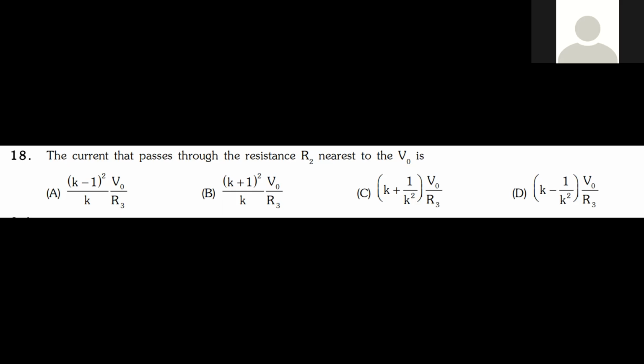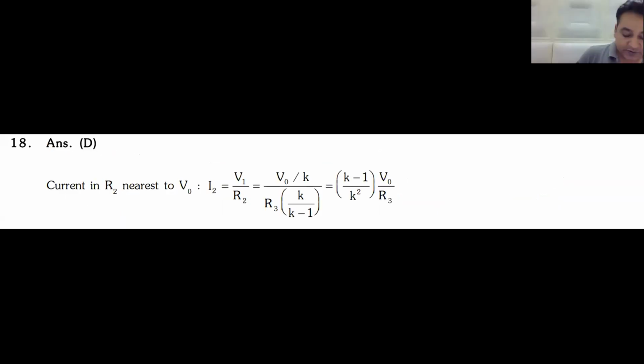Hello, Amita, you got it? K minus 1 whole square by K, V naught by R3. Okay, I think your answer matches one of the options, so that should be correct. It was pretty simple, right? Yes, sir. Once you understand the question, it was pretty simple. And I hope that you have done the same thing. Yes or no? Yes, sir.